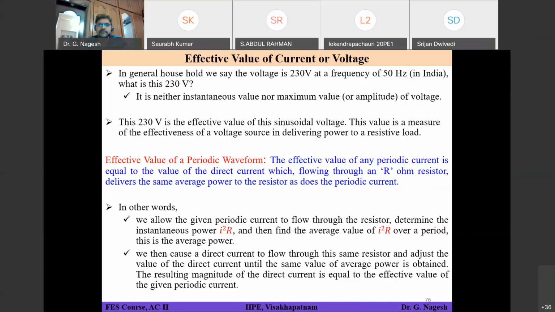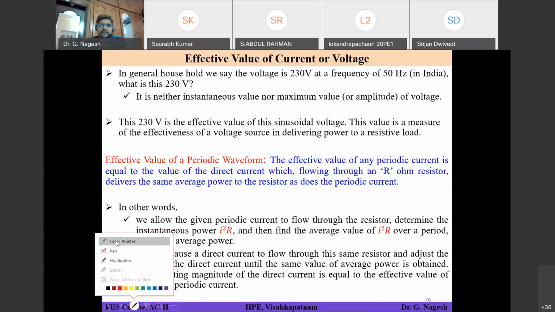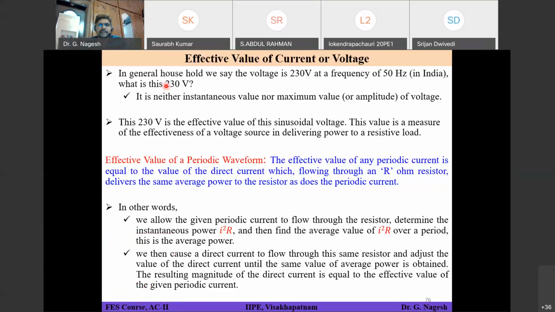It is not a maximum value or an average value. It is not an instantaneous value either, because if it were an instantaneous value, it should vary with respect to time, and you can't say it is 230 volts. And it is not a maximum value or amplitude. So what is this 230 volts called?